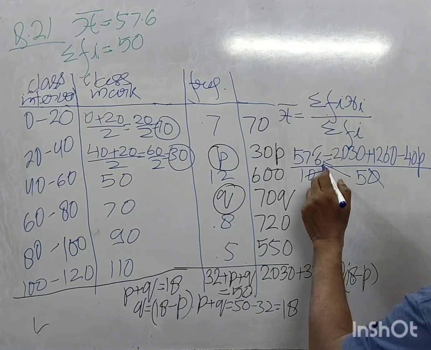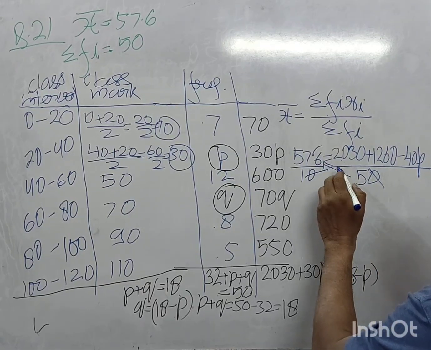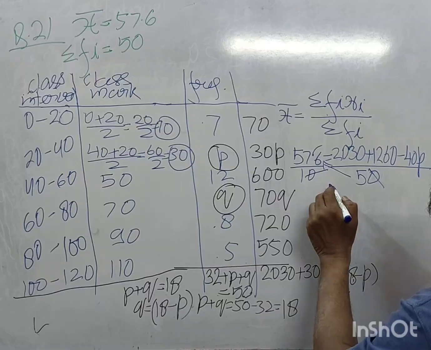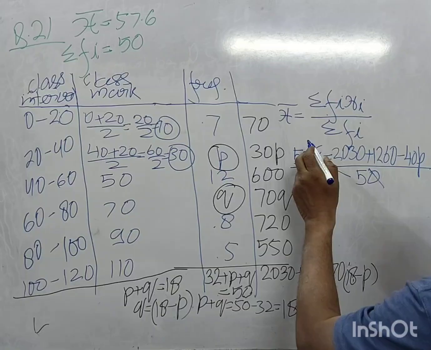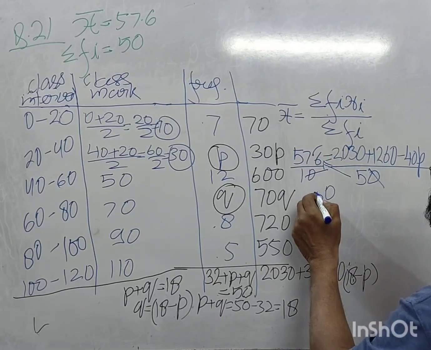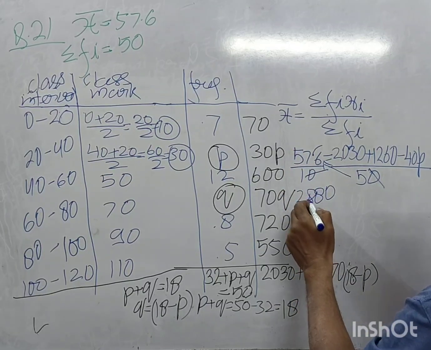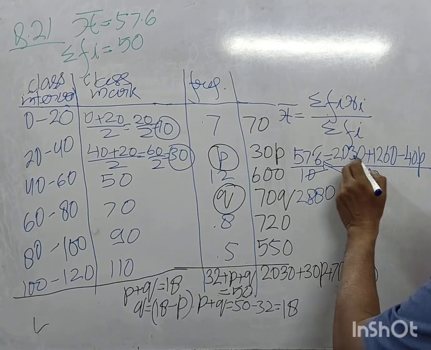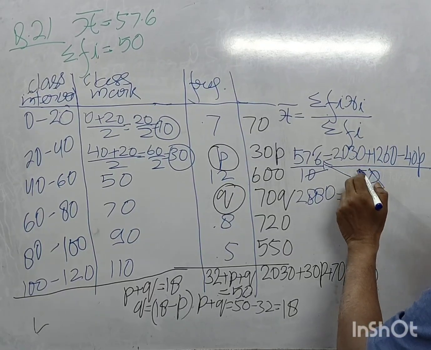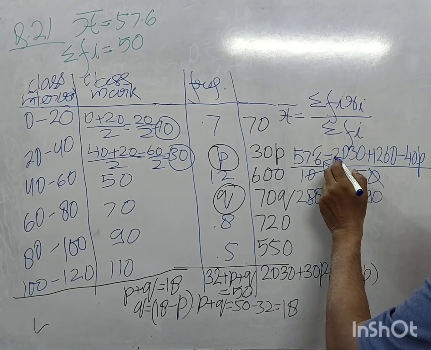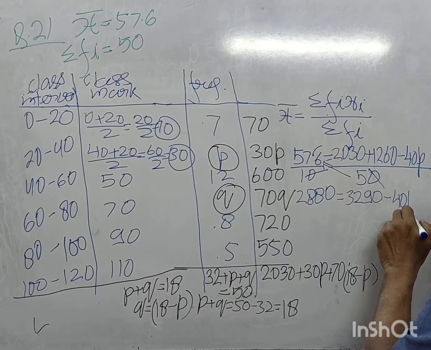Cross multiply: 6 times 30 is 30, then 6 times 5 is 30, and so on, giving 2880 is equal to 3290 minus 40P.